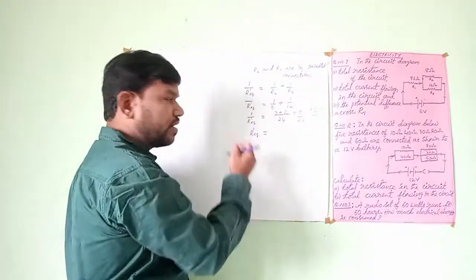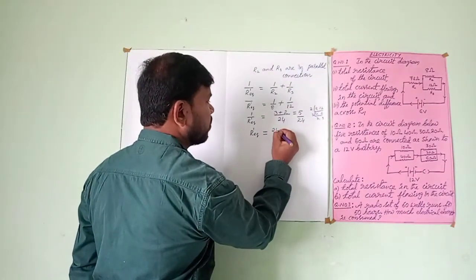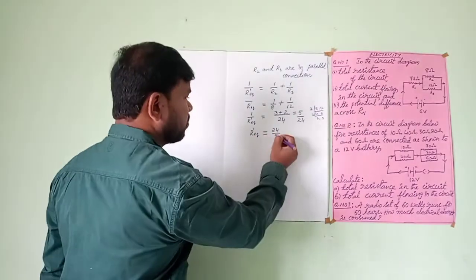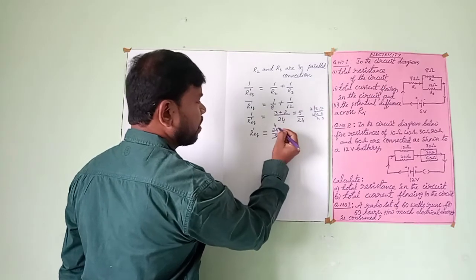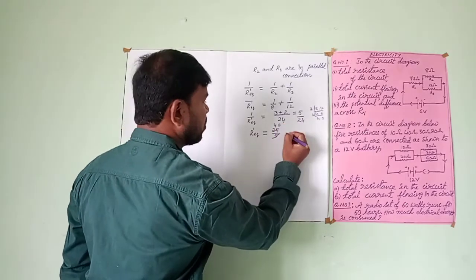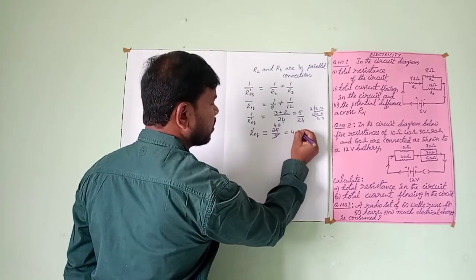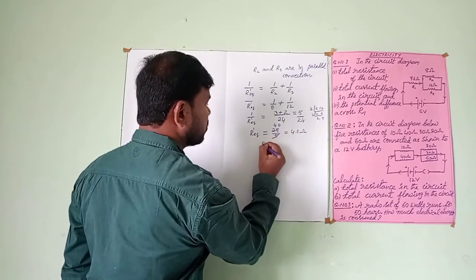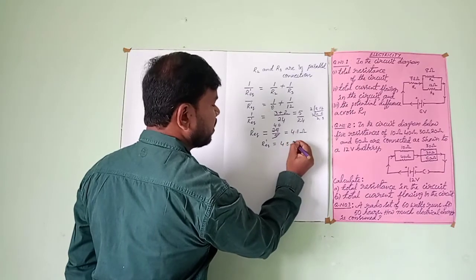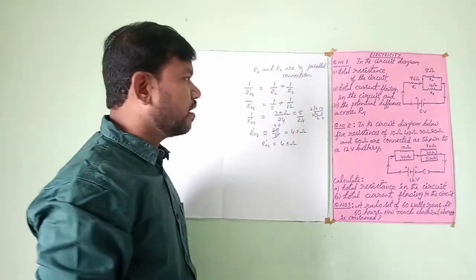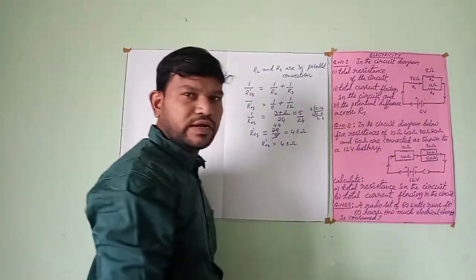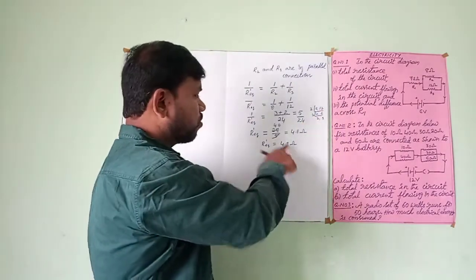Now R dash equivalent is 24 by 5, which is 4.8 ohms. So the equivalent resistance of R2 and R3 is 4.8 ohms.